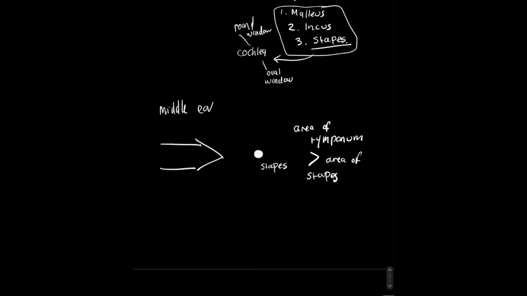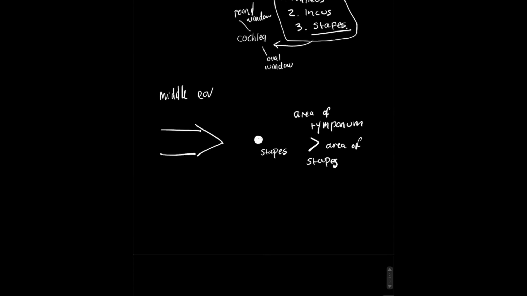Okay, so now moving down again, the next thing we really want to talk about that drives this amplification in the middle ear is that the ossicles act like a lever. And what does that mean?